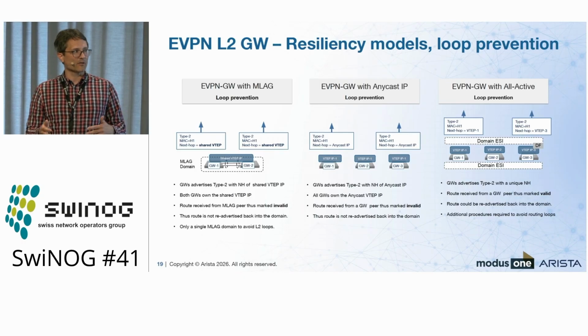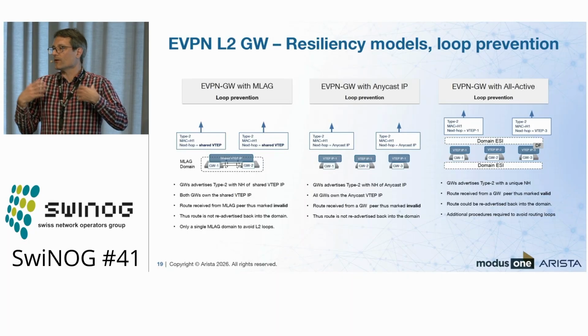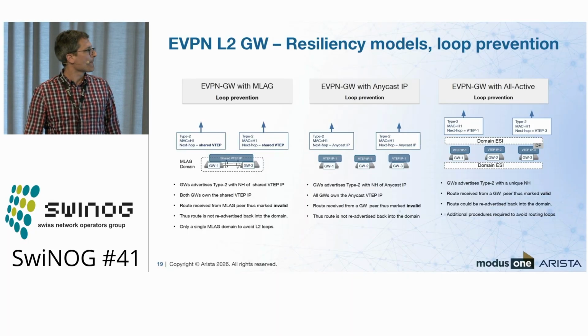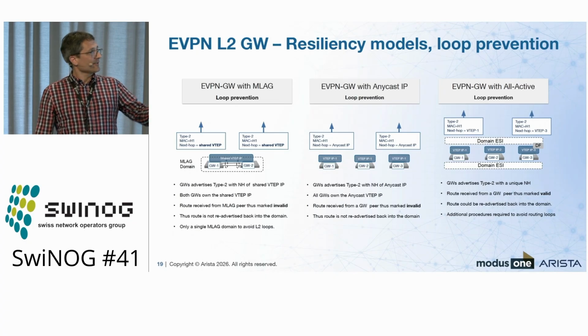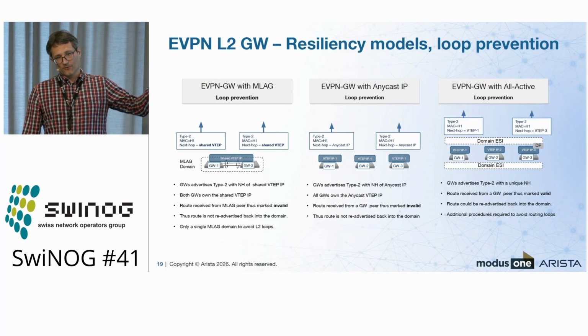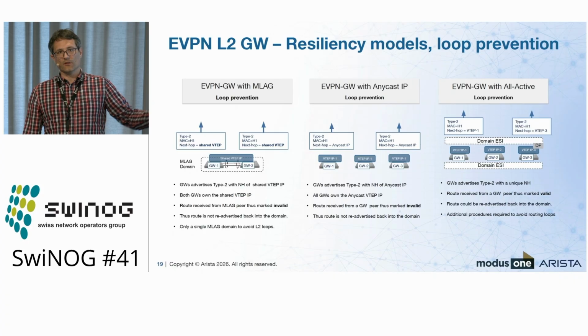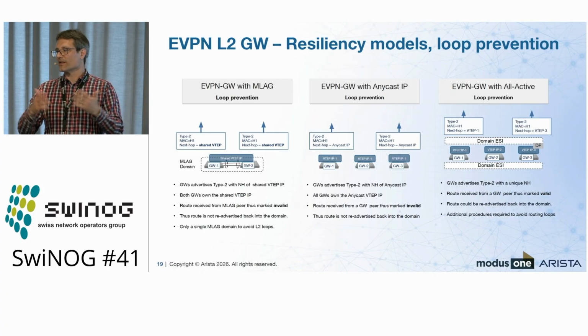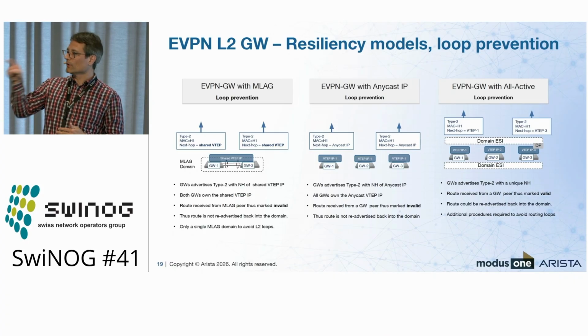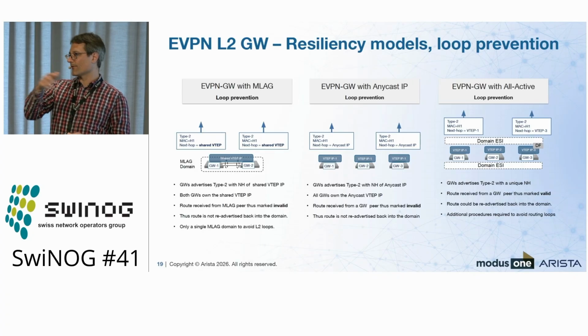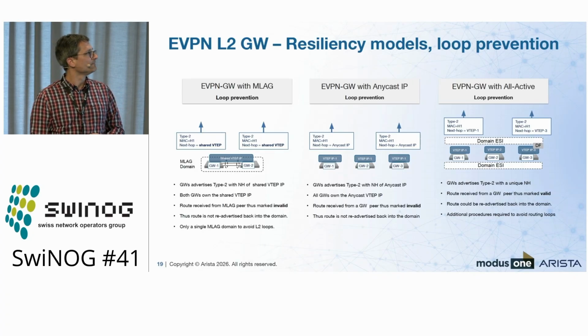It's invalid because they use my own IP address. And actually, the same is true if I use the second model, because they all use the same anycast address, so they would not accept the update from the other gateways.